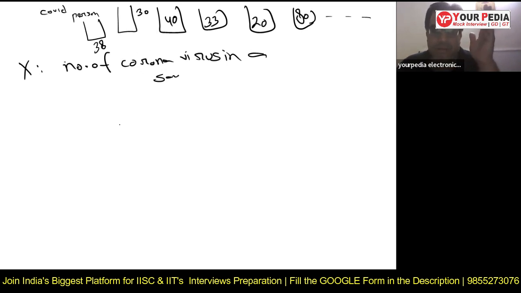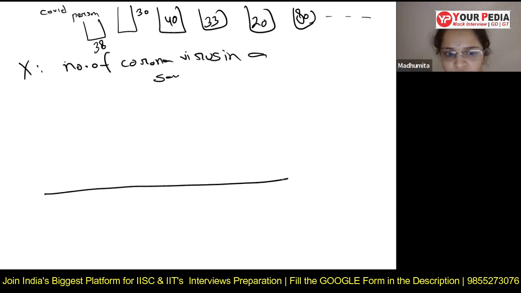Now suppose there is some situation where we are assuming 38.5 also as a number, if the coronavirus is in some particular initial stage, taken as half, at 10% growth. So every value you are assuming. This is your random variable, the number of coronavirus in a sample.